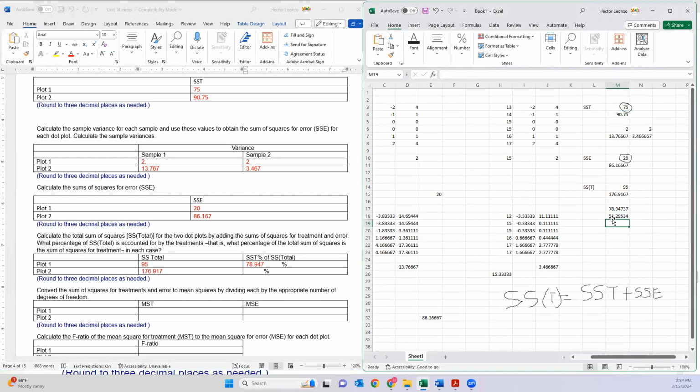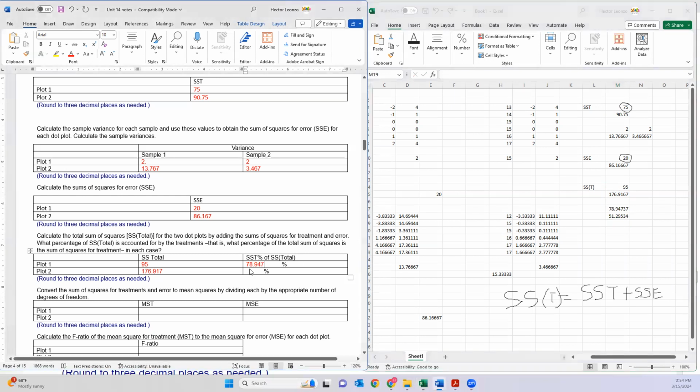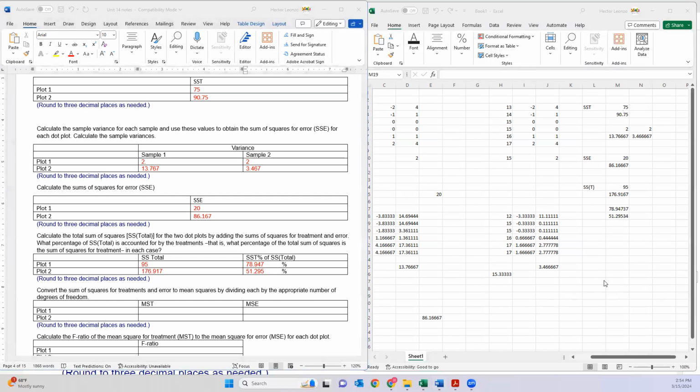So I'm going to say my percentage here is going to be 51.295. Okay. Now I promise the rest is going to be pretty simple. Let me erase this formula that I wrote by hand here. Okay. So let me call this SST percentage.